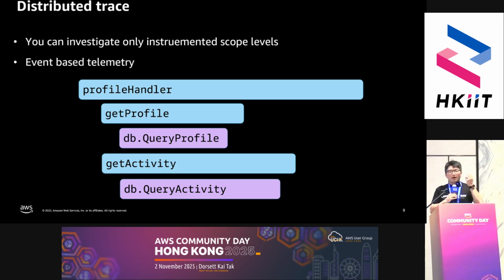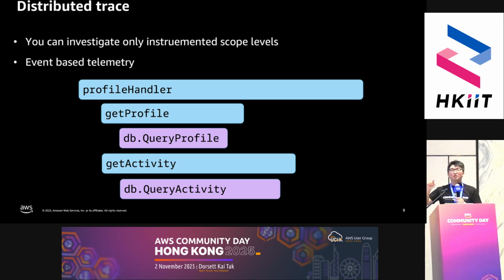As long as you instrument the function, you get the latency of the system, the latency in a transaction. But if the function is not instrumented, you don't get any latency information throughout the transaction. So that's a problem.